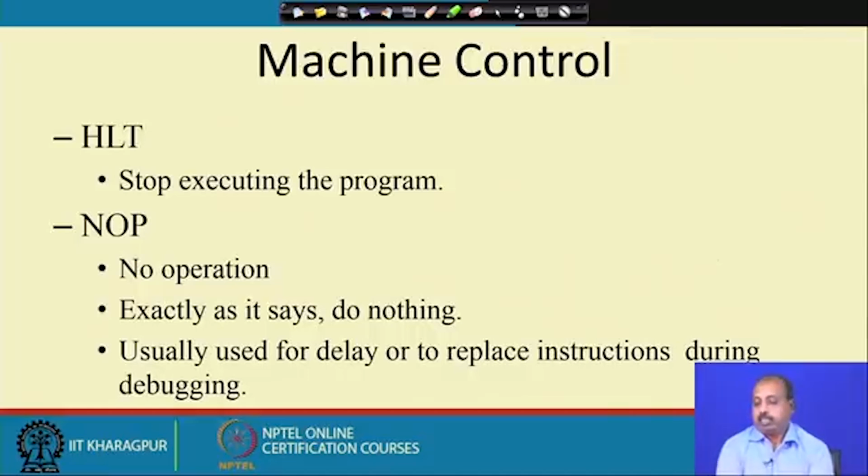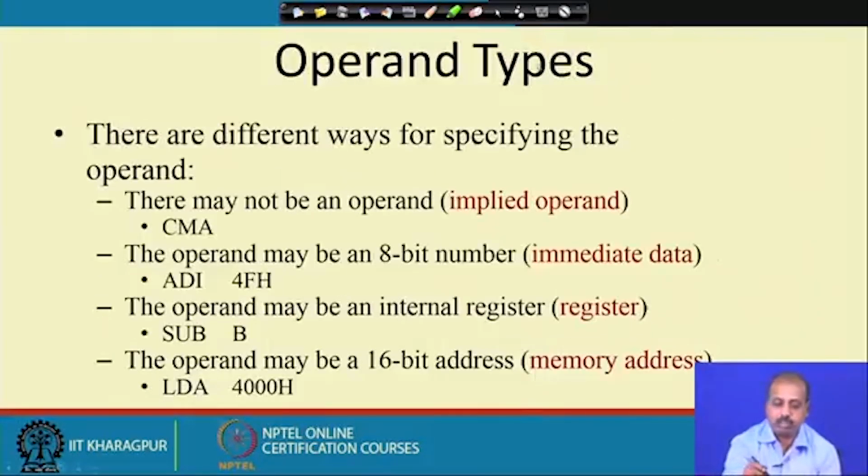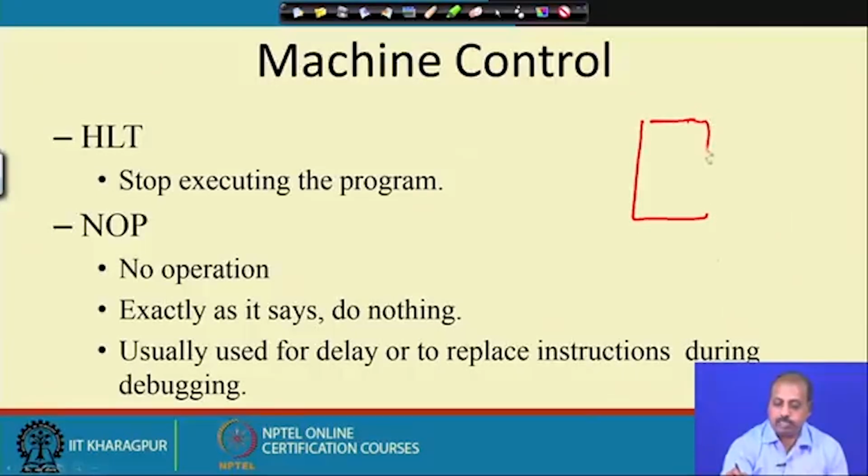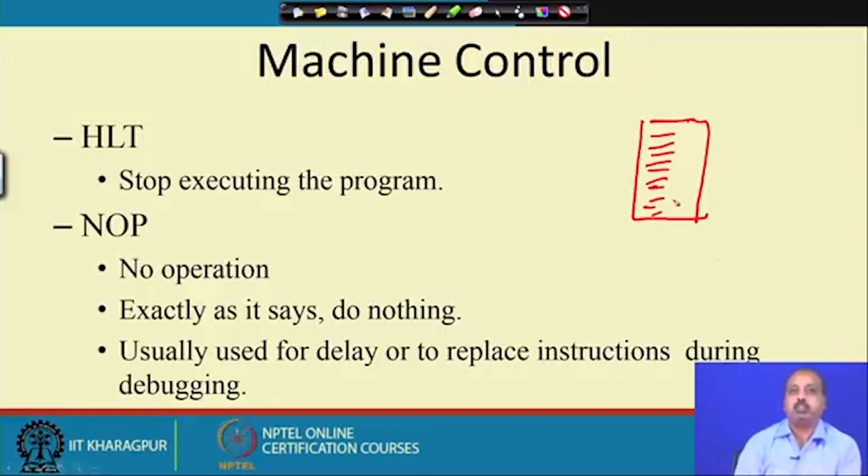Why? Suppose I have written a program, and in this program I feel that the program is somehow not working correctly. What I need to do is suspend the operation of the program somewhere in between.